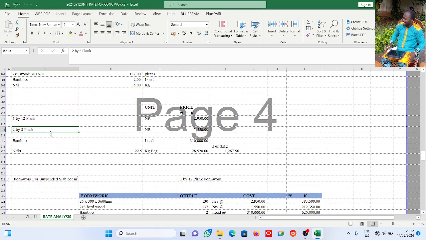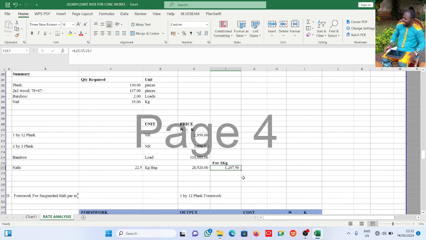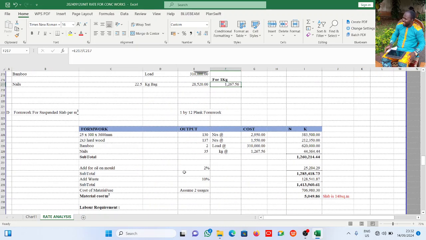The support 2 by 3 is 1550. Then a load of bamboo is 310,000. Nails, a 22.5 kg bag is sold at this, so for 1 kg we'll be having 1267. But remember we require 35 kg, so when we come we will see. All right, so this is what we have here.